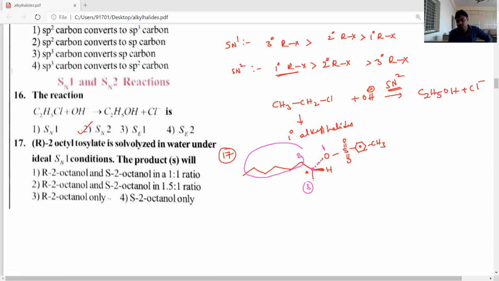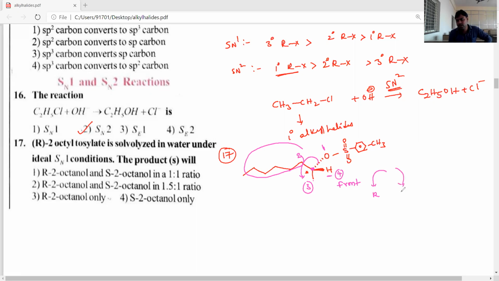If you arrange these positions, this is in anti-clockwise direction, but the least priority group is on the front side. Then the anti-clockwise direction is called R nomenclature.